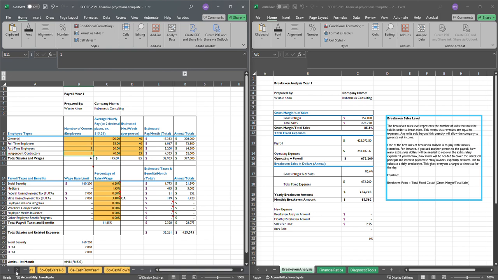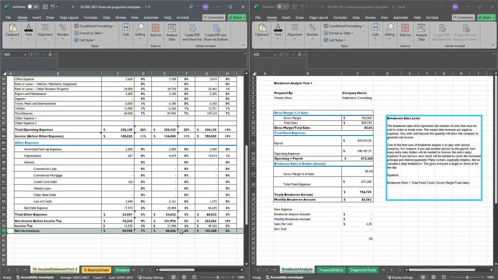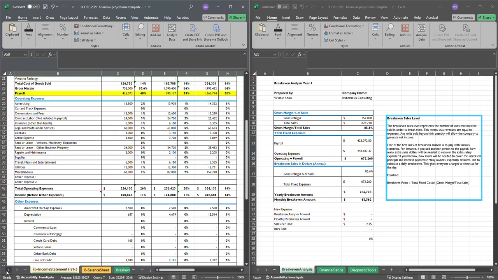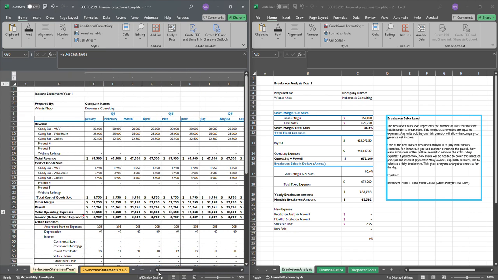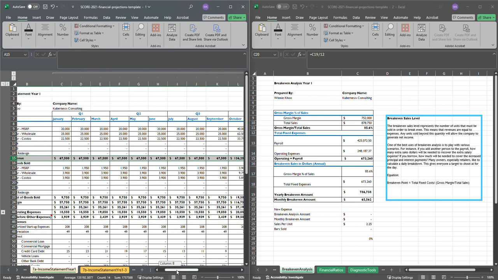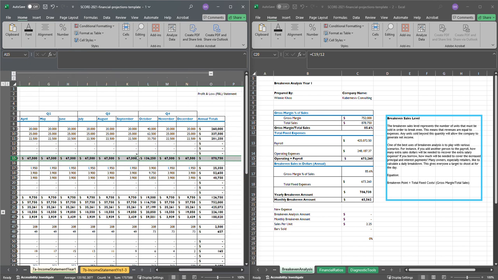If we go back to the income statement here, I'll do per year, year 1, every month. Here, in the monthly breakdown, the break-even amount is 65K. The total revenue is 67, so we're barely clearing it, and of course October we double the sales.